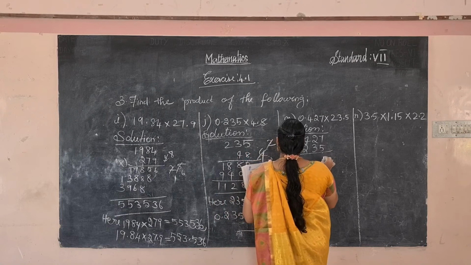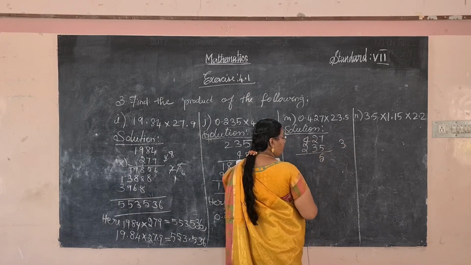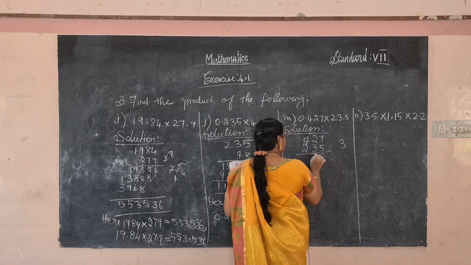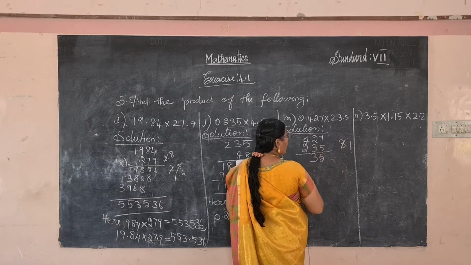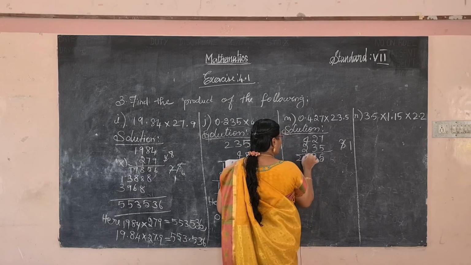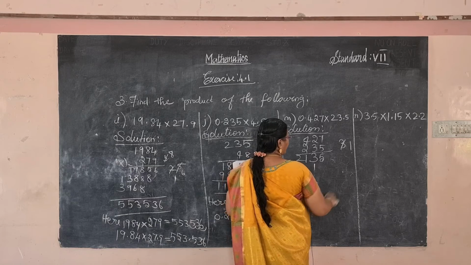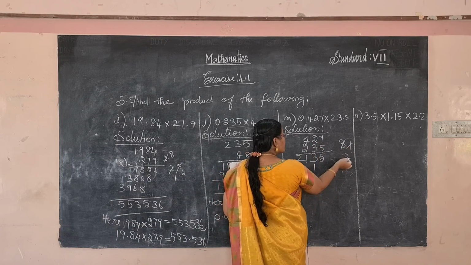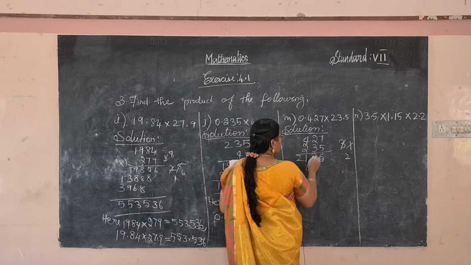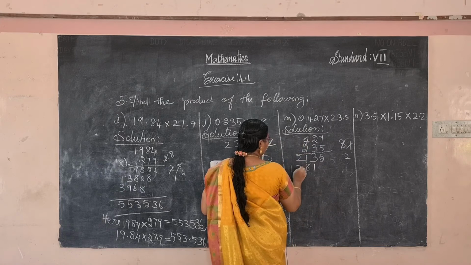7 5s are 35, 3. 7 2s are 14, no, 10, 10 plus 3 is 13. Remaining 1. 5 4s are 20. 20 plus 1, 21. 3 7s are 21. 3 2s are 6, 6 plus 2 is 8. 3 4s are 12.